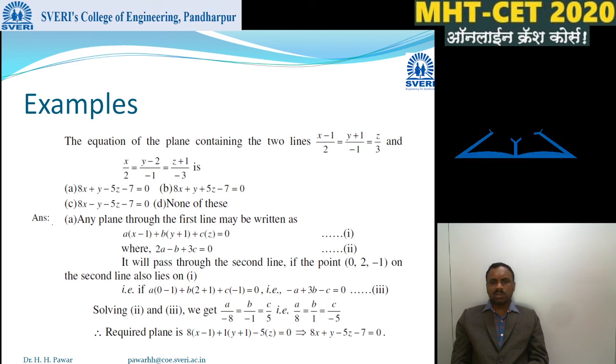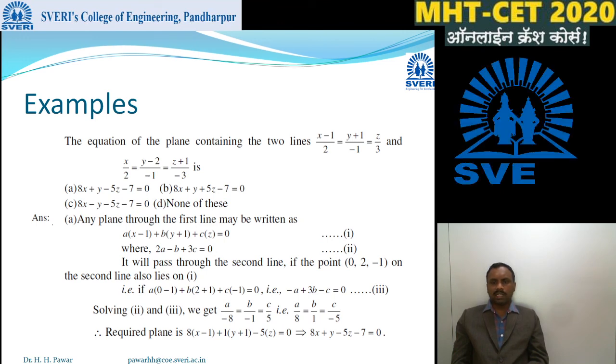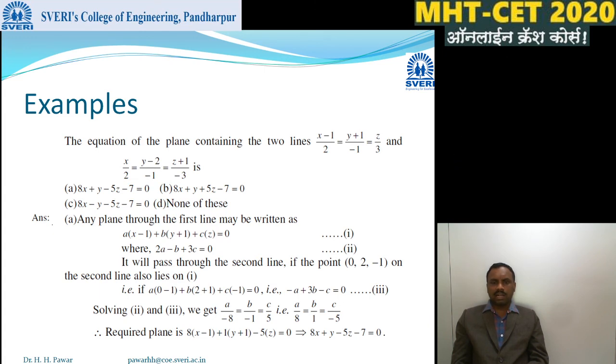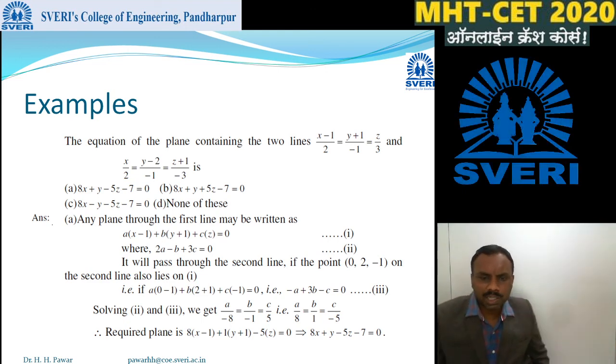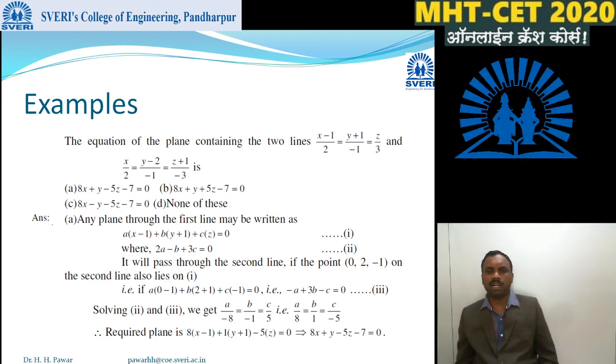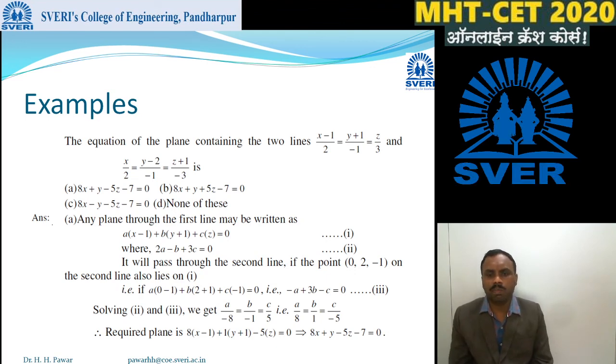And it will pass through the second line if the point (0, 2, minus 1) on the second line also lies in the first. So put this point in equation 1, we'll get a(0 minus 1) plus b(2 plus 1) plus c(minus 1), which gives us minus a plus 3b minus c equal to 0.